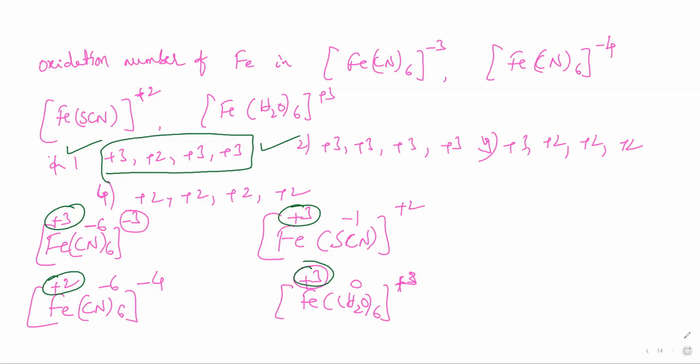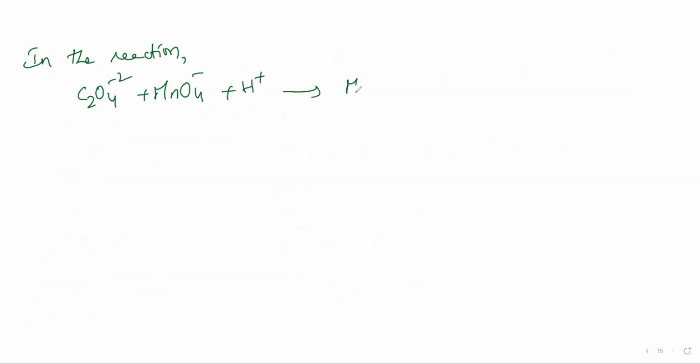Next question. In the reaction, C2O4 2- plus MnO4- plus H+ gives rise to Mn2+ plus CO2. The reductant is, reductant means reducing agent.